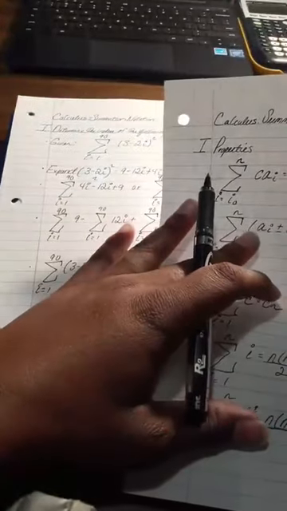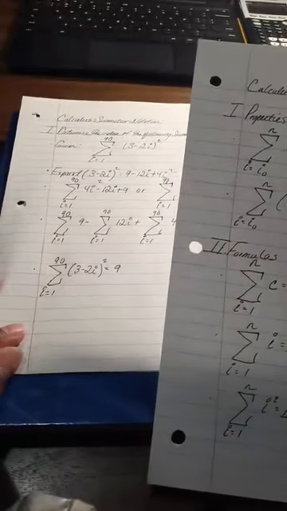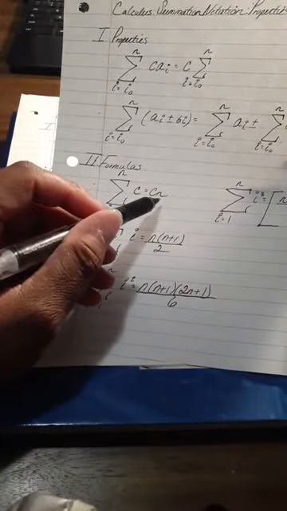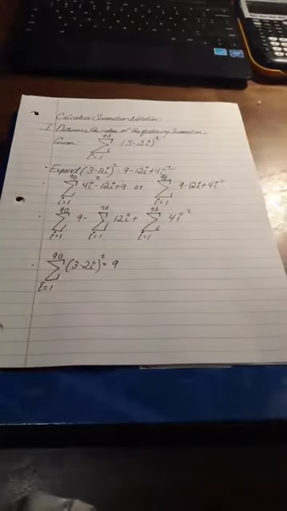If we go back to using the sum and difference rule, when we have a constant c, it's just going to be c multiplied by n. Now you just have to identify what the n is. Our n here is 90. So this is going to be 9 times 90.